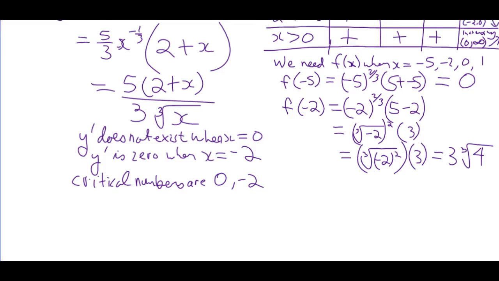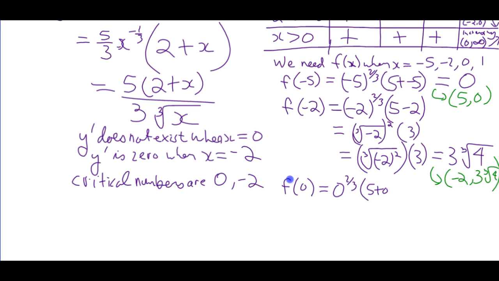So, here, we should do this. So we've got the point -5, 0. We've got the point -2, 3 cube root 4. Okay, what else? We need f at 0. So that's equal to 0 to the 2/3 times 5 plus 0, which is equal to, I'm guessing, 0.